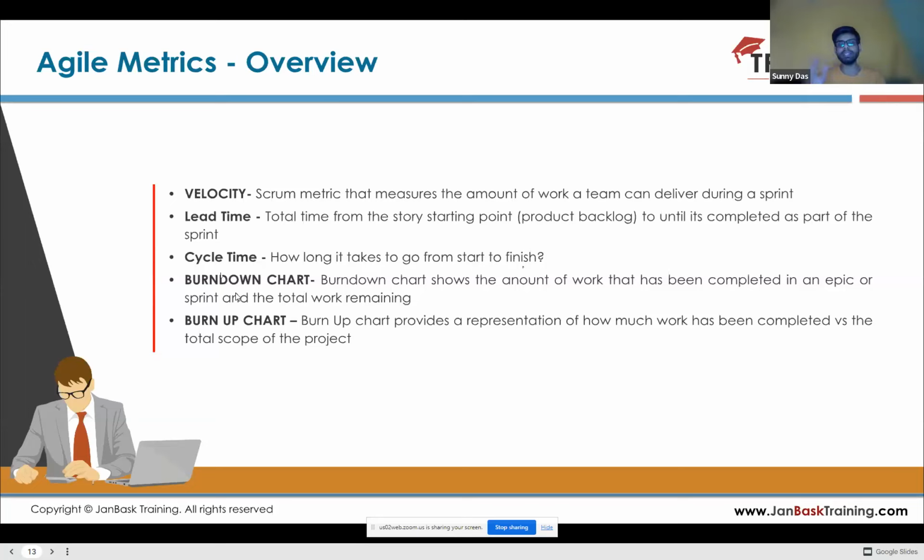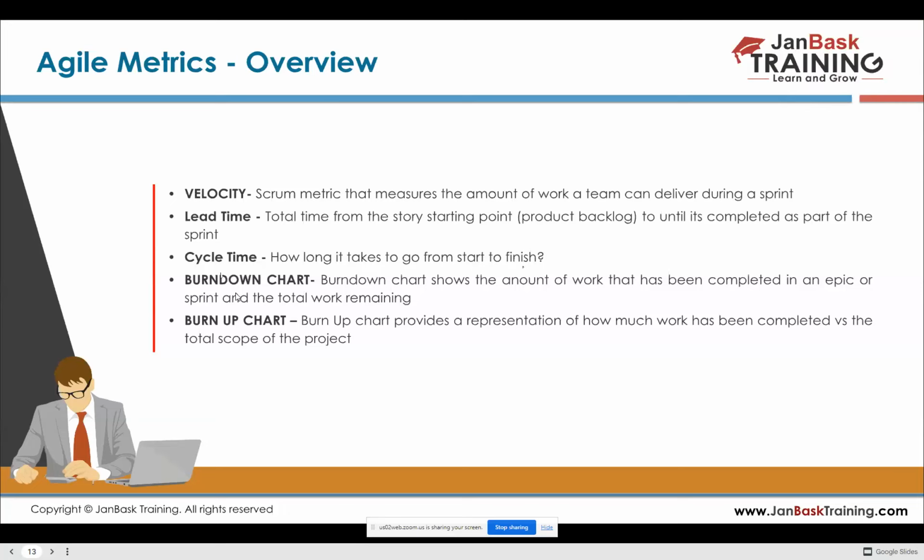Now, after each passing day, the team will complete some of the stories, so the story points will come down, right? At the end of the sprint, ideally you should complete all the tasks, but practically there are some tasks which are left. Suppose only 6 story points are left, right? So it will start from 42 and end at 6. That will give you a burn down chart, showing how you have completed the tasks over time in a sprint.